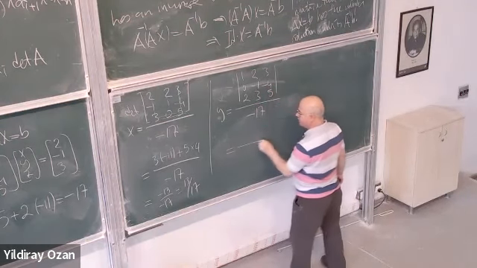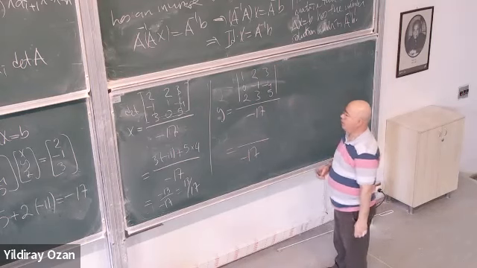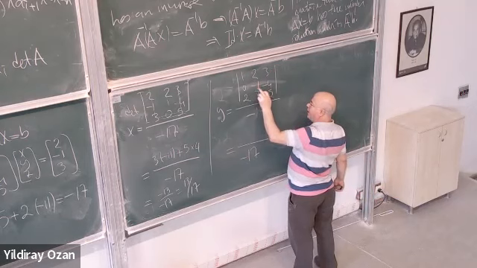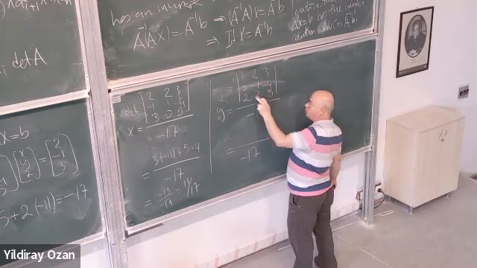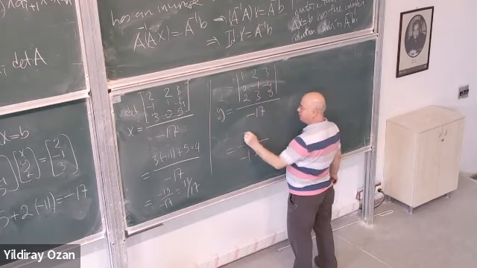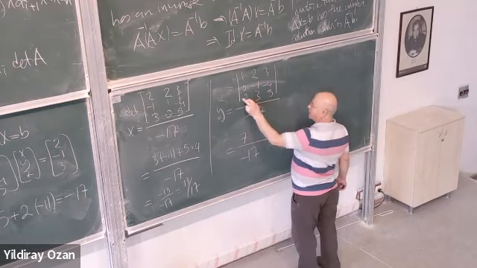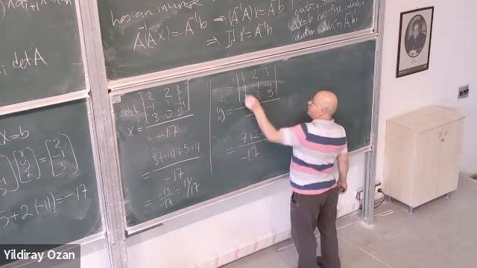So what is this? One times minus 5 minus minus 12, plus 12, so plus 7. Minus 5 plus 12, 7. And then 2 times this one.